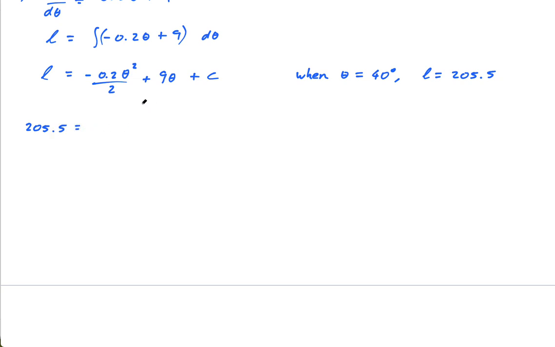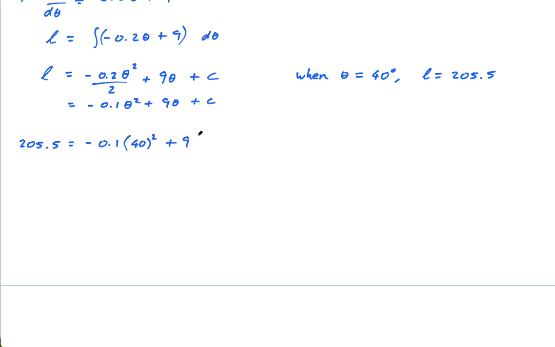By the way, I could have simplified this, guys. In fact, let's do that now. It's negative 0.1 theta squared plus 9 theta plus c. So this is equal to negative 0.1 theta squared, but theta is 40 now, so it's 40 squared plus 9 times 40 plus c.